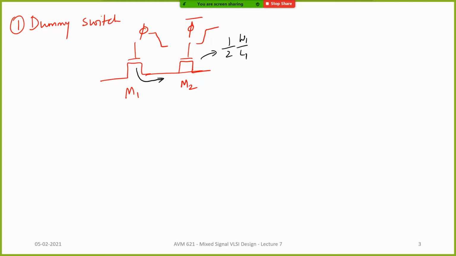The assumption is that phi and phi bar are exactly going to be complementary, right? That is to say, they are going to be exactly like this, right? Let's say this is phi and this is phi bar. Now, in practice, it is very difficult to align differential signals, differential clock signals, to be very accurate.